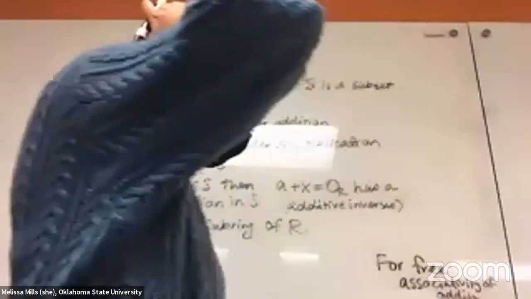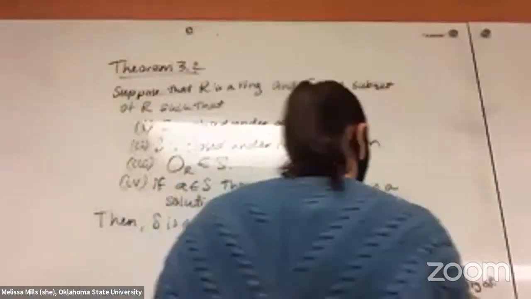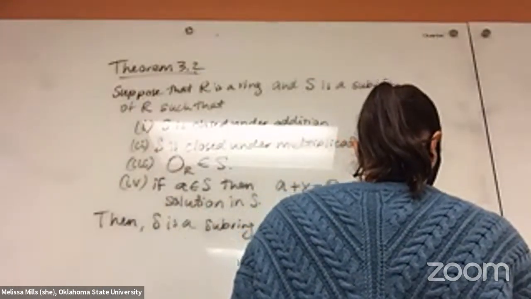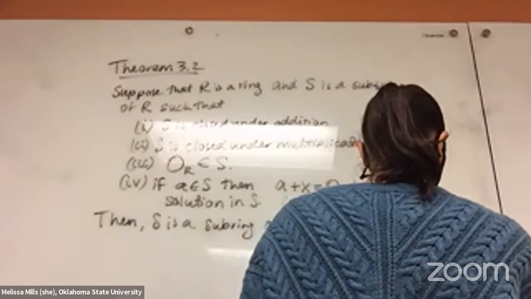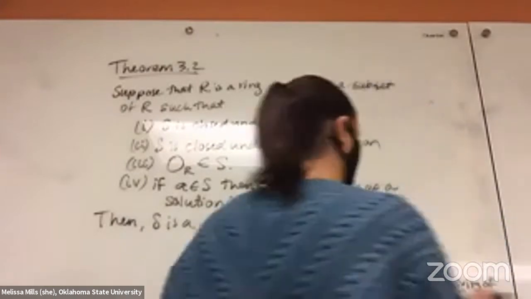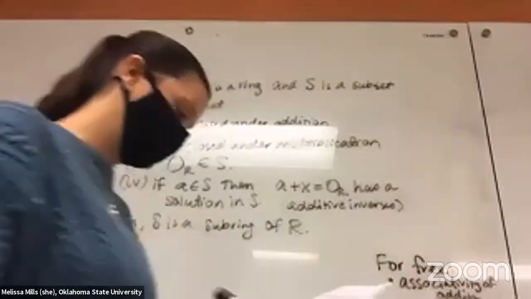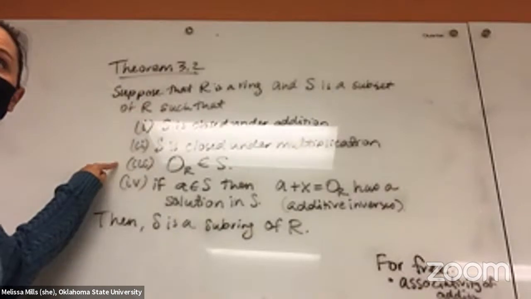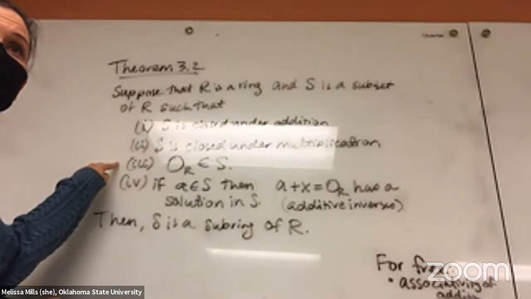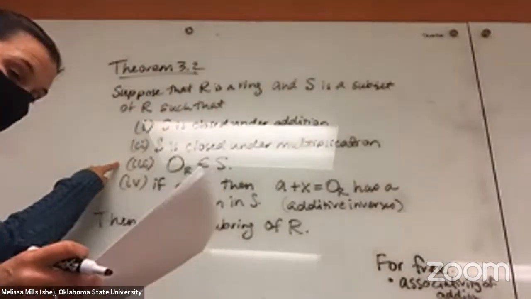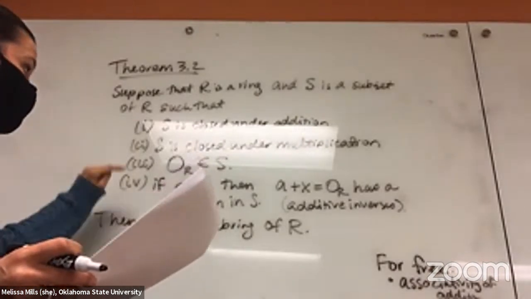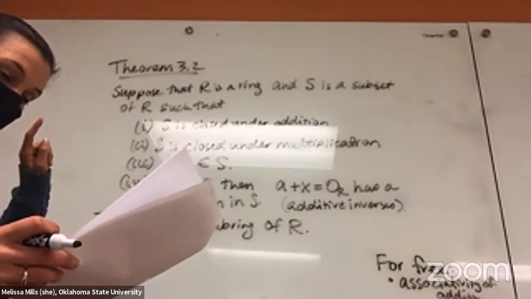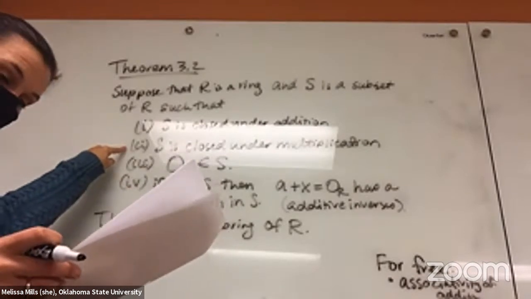Okay. Commutativity of addition, we're going to get for free. What else? Additive identity element, that's here. We have to show that one. We don't get that for free. Additive inverses are here. We don't get them for free. Closure for multiplication is here.